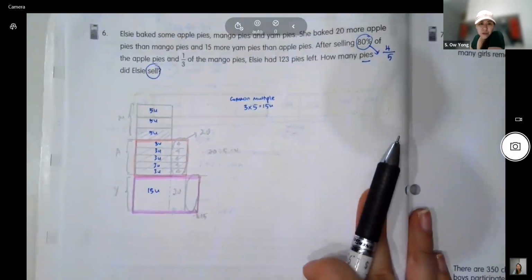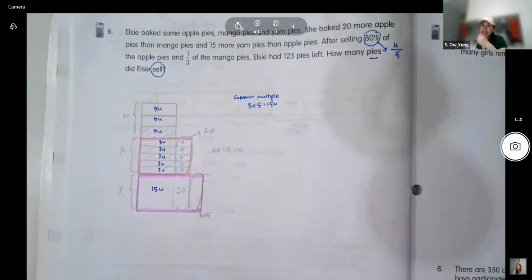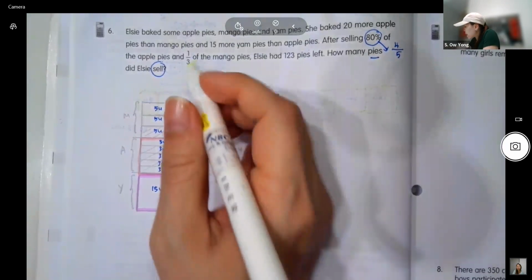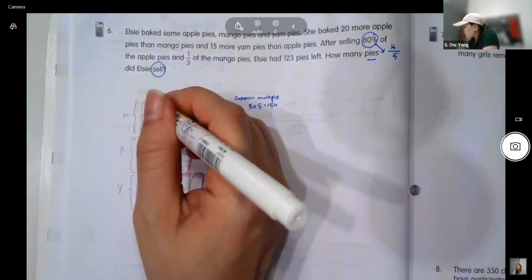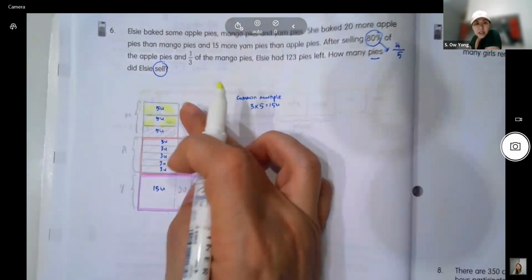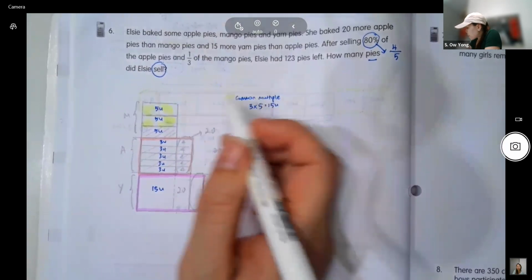So now they say Elise had 123 pies left. How many pies did Elise sell? I'm going to use yellow to show you how much is being left. Mango, this is what's being left.